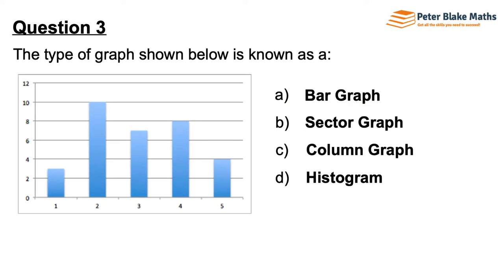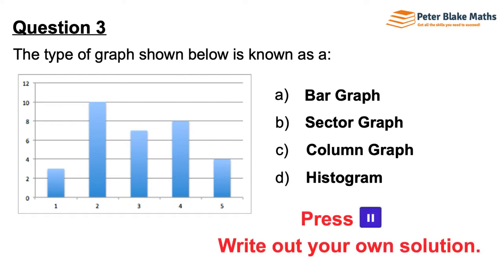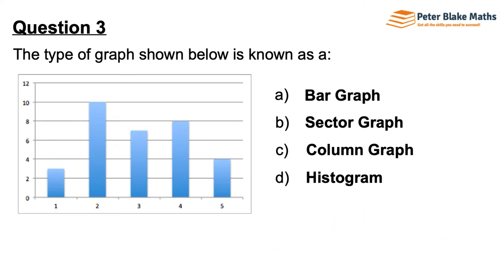Question 3. The type of graph shown below is known as a bar graph, a sector graph, a column graph, or a histogram. The graph shown is a column graph.